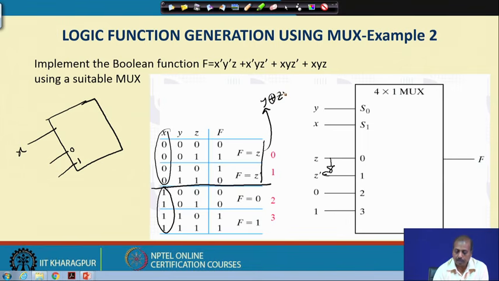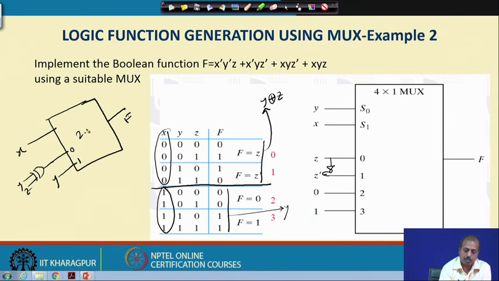In the lower part, whenever y is equal to 1, the output is equal to 1, so for this part I have got the function y. So, I can apply y here, and take one XOR gate with y and z as its inputs. So, this is my f, using a 2:1 multiplexer.